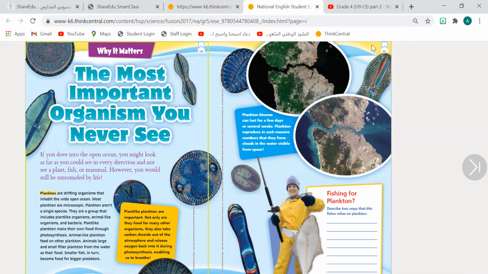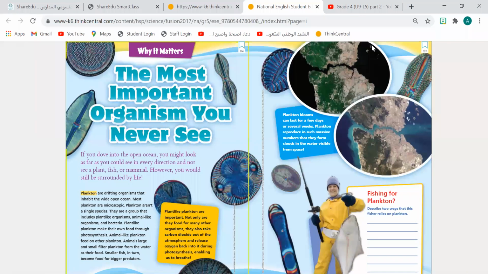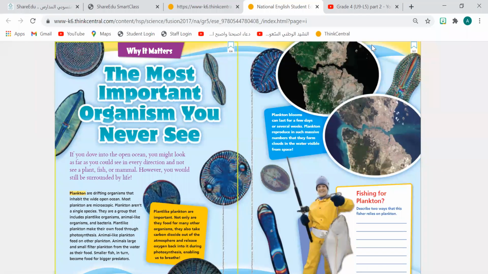Now, look at these creatures. I think you cannot see them with your own eye. You need a microscope for that, but believe me, guys, they are living things. You may think that they look like a drawing or like colors, or stickers, but they are creatures.